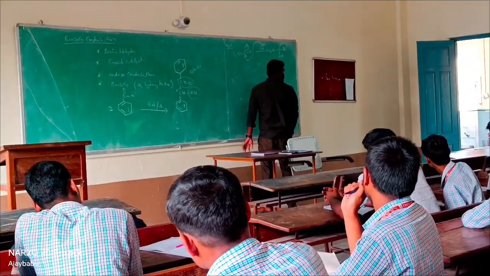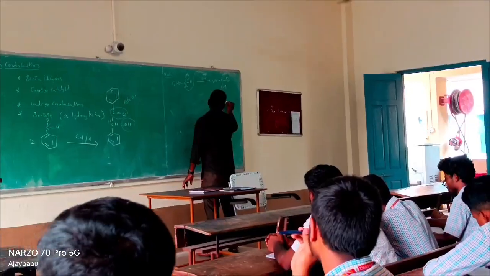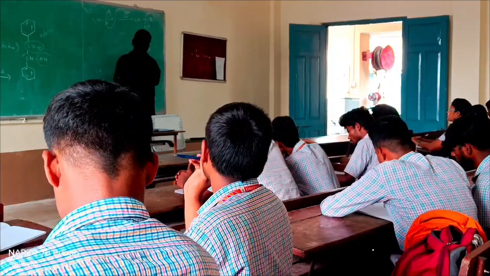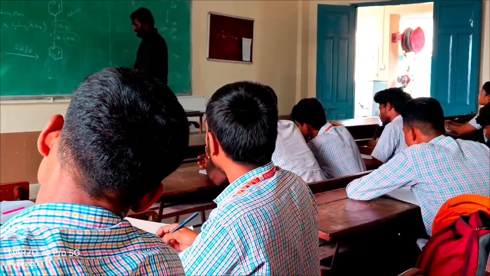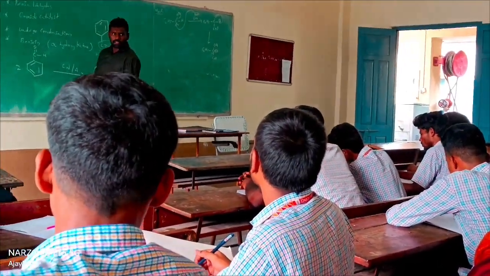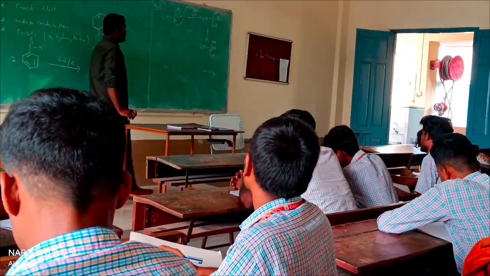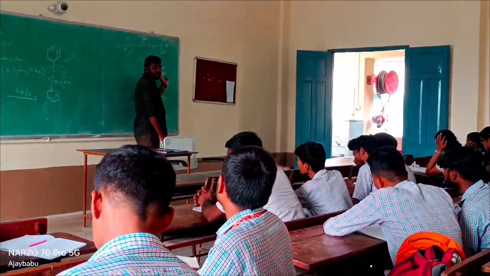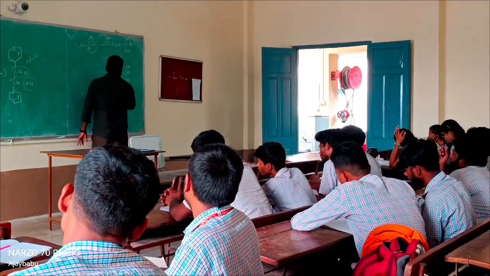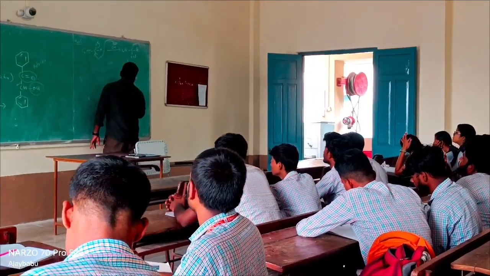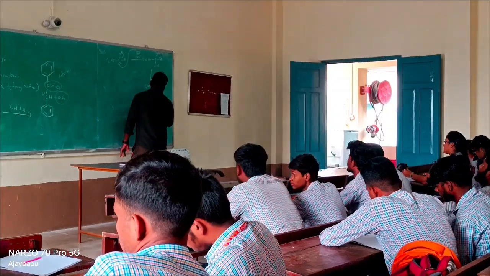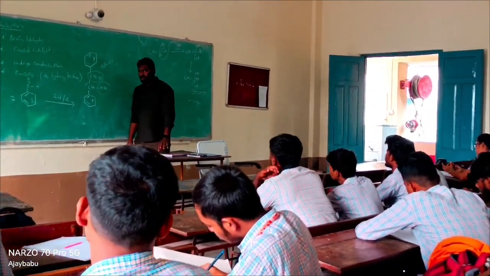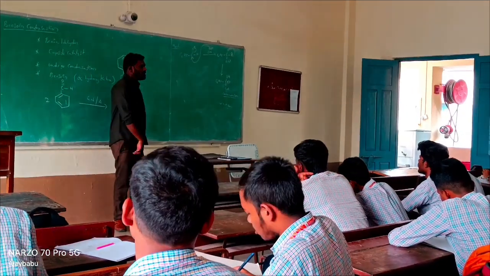The charge is on CN. This intermediate has a carbon with a negative charge, which is known as a carbanion.